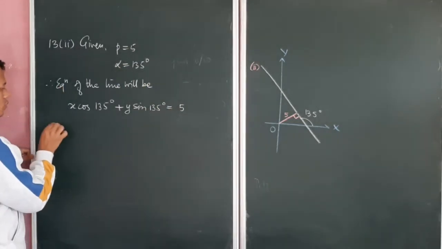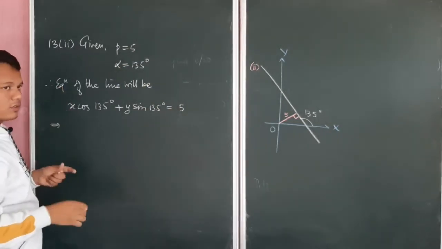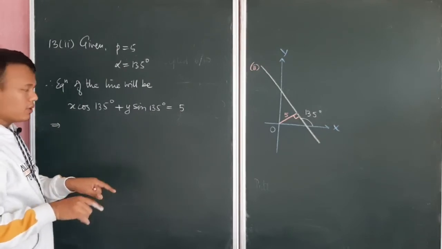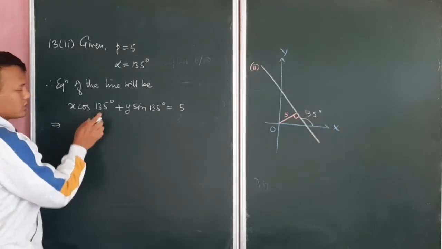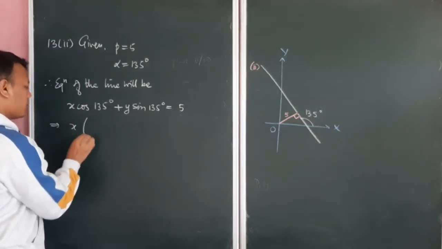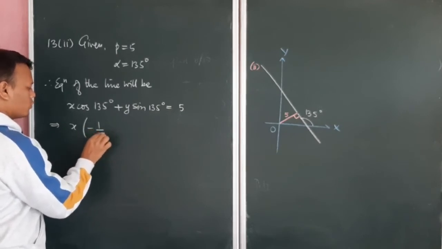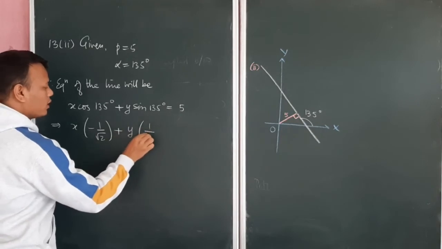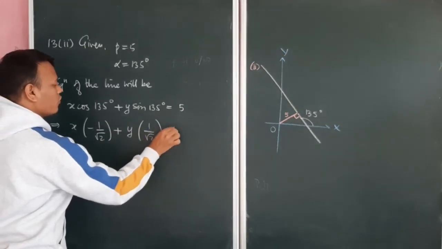Now if you know the formula or value, that's very good. If you don't know, again you will go back to your trigonometric table of class 11 and see the value of cos 135. The value of cos 135 is minus 1 by root 2. Similarly the value of sin 135 is 1 by root 2, equals 5.